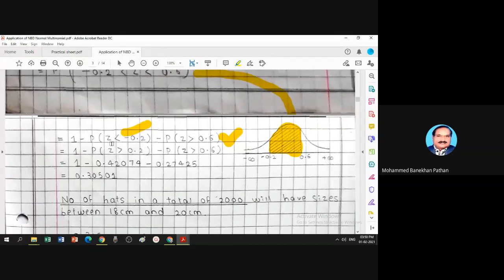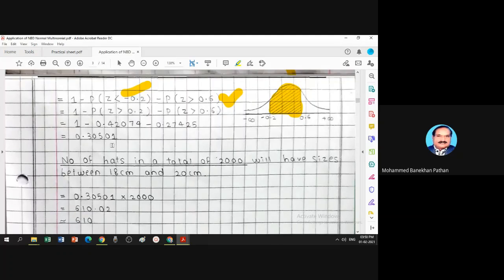I have this answer from the book. 1 minus this and this, so 0.30501. What does this stand for?